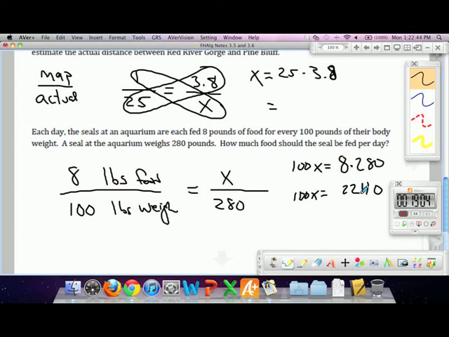So this seal would need about 22.4 pounds of food per day.